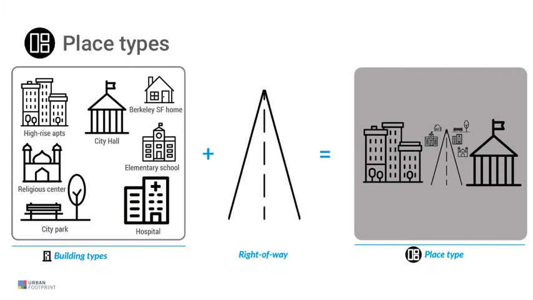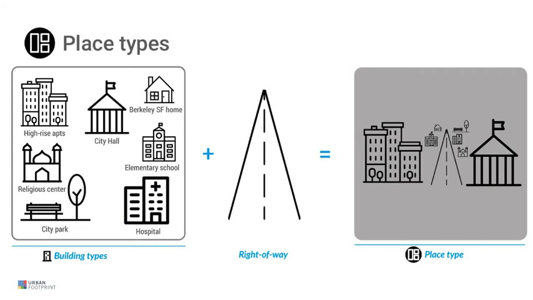This allows you to create and paint over a larger scale and have the right-of-way and some of those other elements that are important to consider when you're working at a larger scale be attributed to and included in your place type. You can see in this example here that this place type includes a handful of different building types.